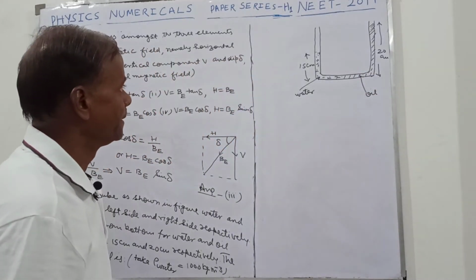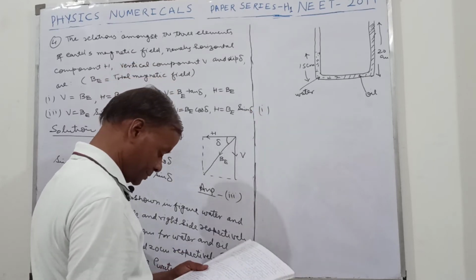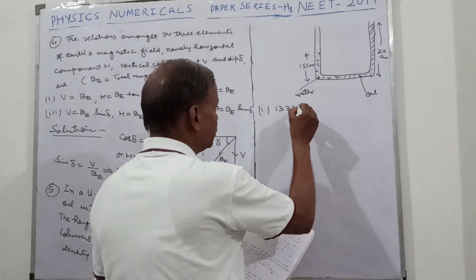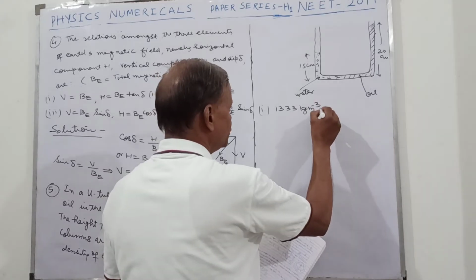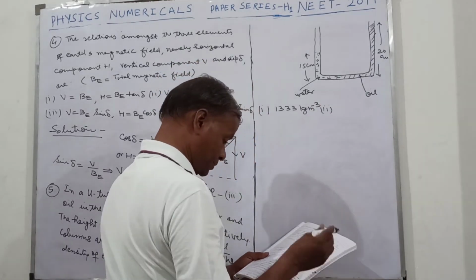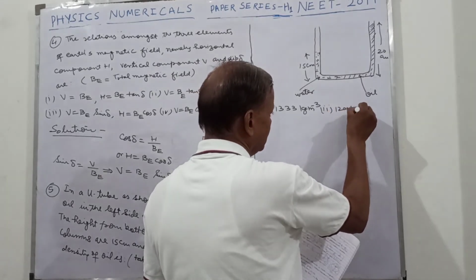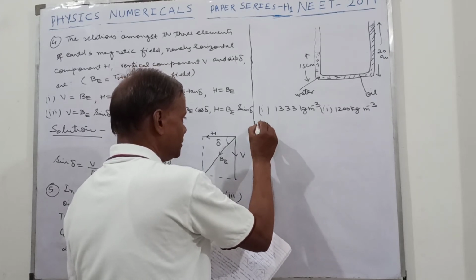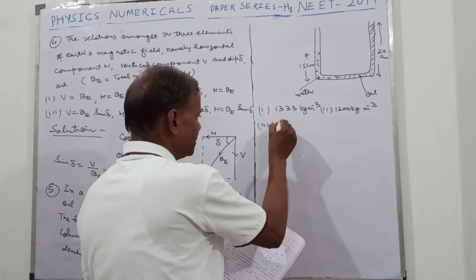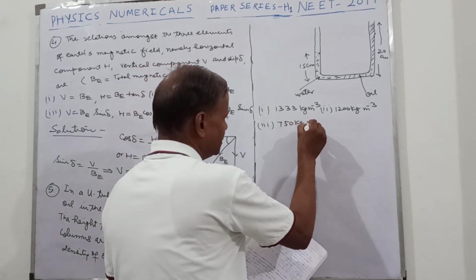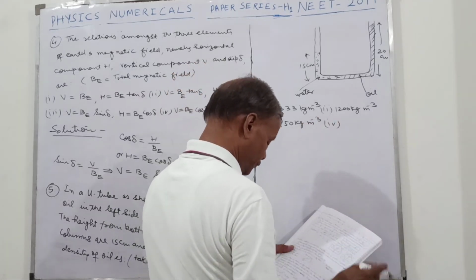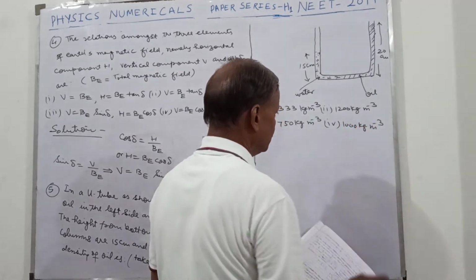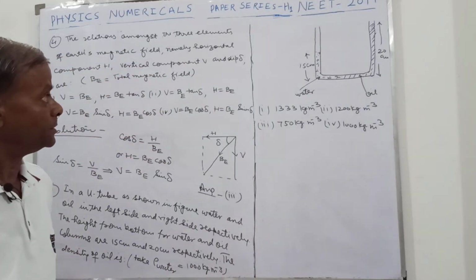Now your options are: first is 1333 kilogram per meter cube, second is 12 kg per meter cube, third option is 750 kg per meter cube, and fourth is 1000 kg per meter cube. This is the question.